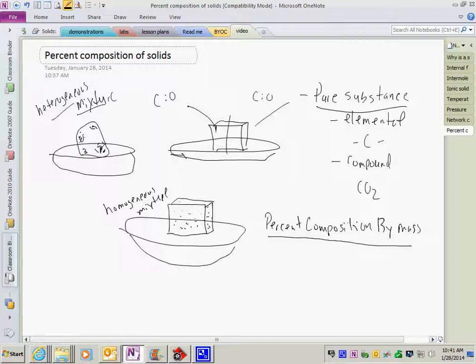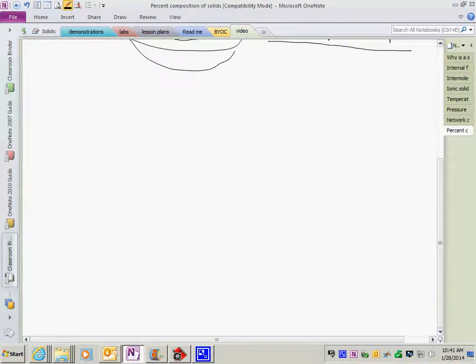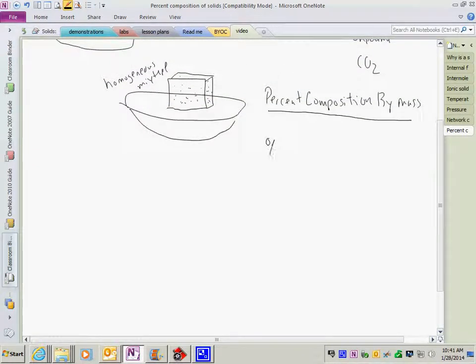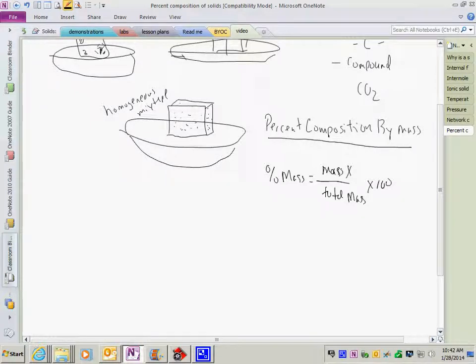The definition is: percent by mass equals mass of X divided by total mass, times 100. For a homogeneous mixture, we would be assuming that it's evenly mixed throughout.